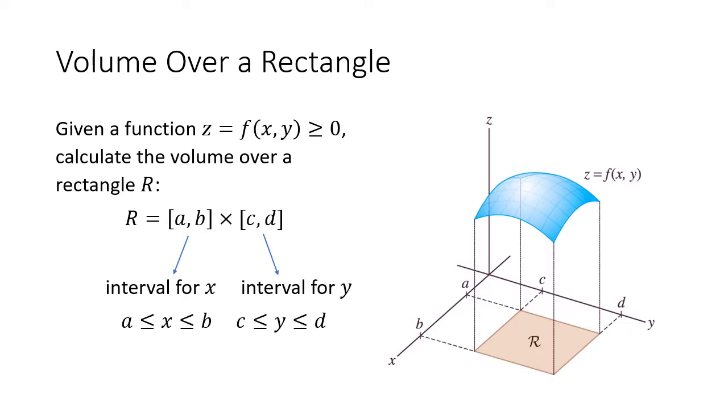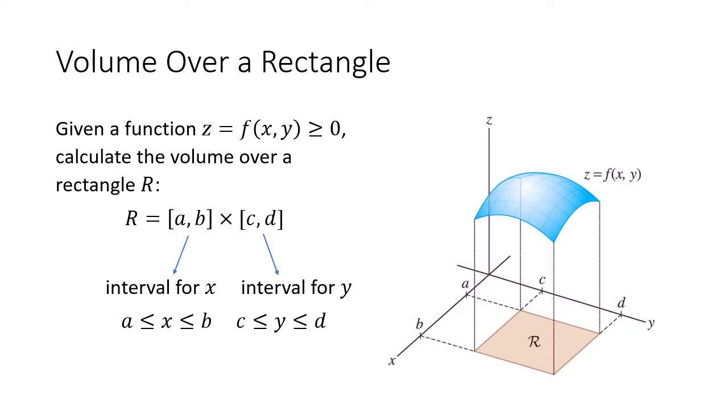And so we're going to start with the simplest region we possibly can in my xy plane, which is a rectangle. Given a function of two variables that's always positive, I want to calculate the volume over that rectangle and under my surface, so all of the region below the blue but above that peach color.